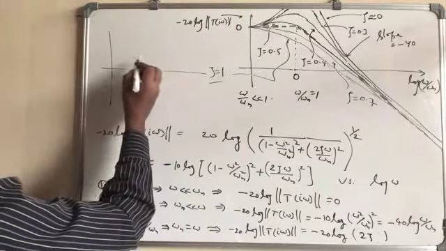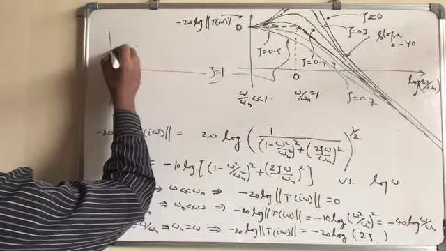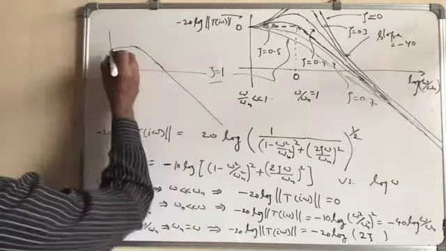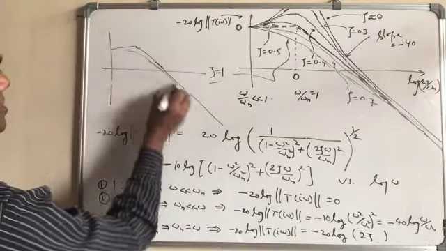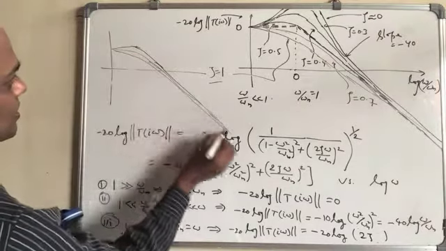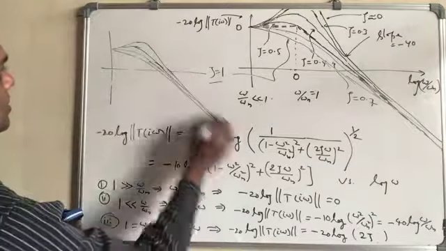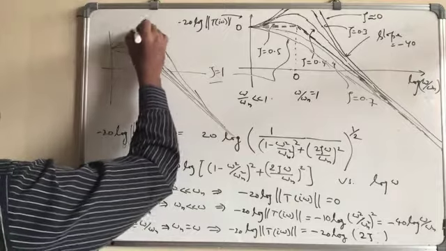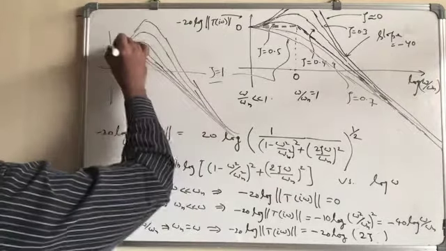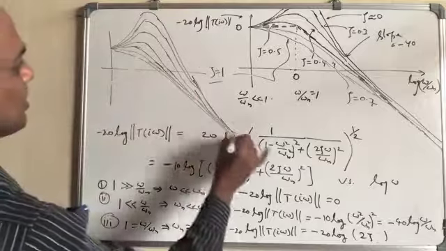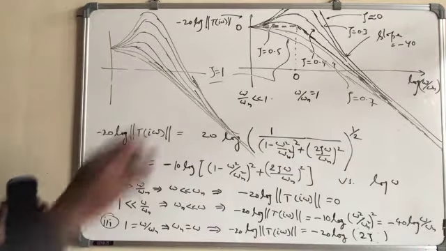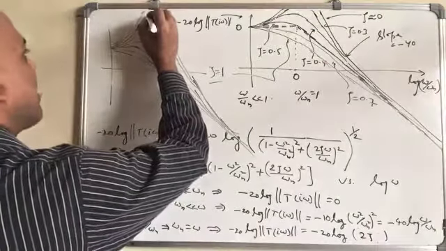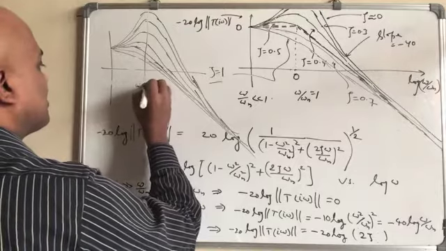This is how it will look, basically. If you want to visualize it, this will be around omega equal to omega n.